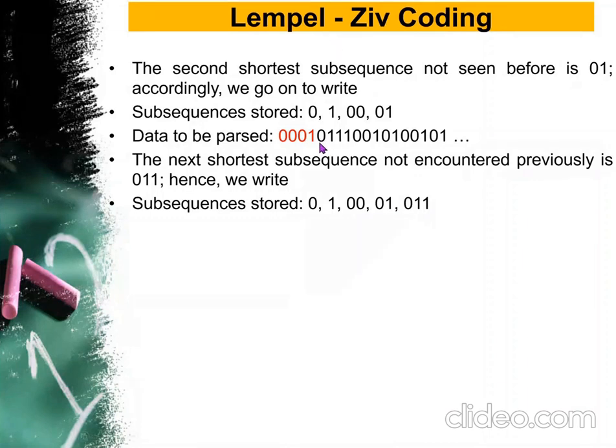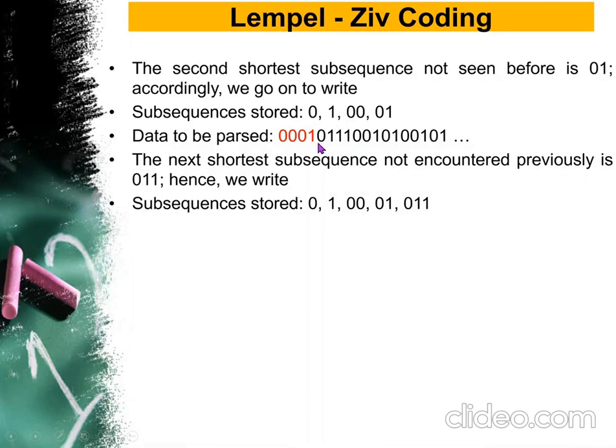We have done the subsequencing of the first 4 bits. Next, we move on to the fifth bit. It is 0, so obviously it cannot be the smallest subsequence. We combine it with the next bit, which is 1, so it becomes 0, 1. But 0, 1 is already existing, so it cannot be the smallest non-repeating subsequence. We combine one more bit into that group, and now it becomes 0, 1, 1, which is not in the code book.